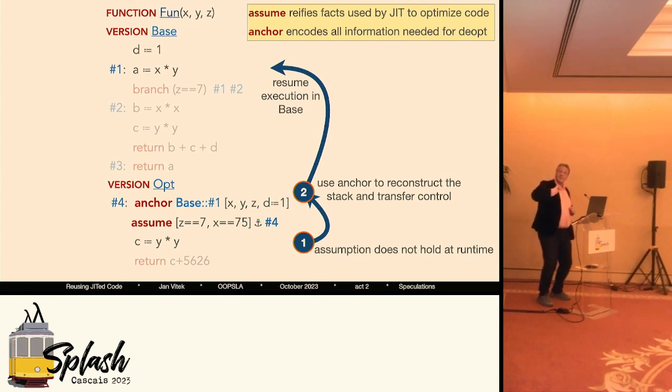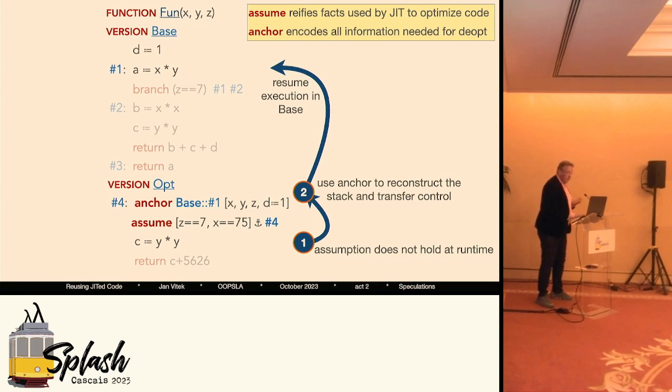The anchor statement says, so we want to de-optimize. So what you need to do is call the function base, jump to label 1, recreate the stack with your current values of x, y, and z, and add a local variable d, set it to 1. That's what a JIT does. So no harder than that. Assumes, anchors, you know how to build a JIT.